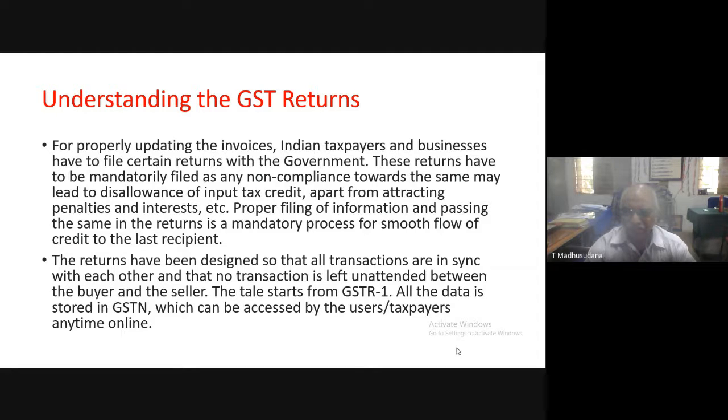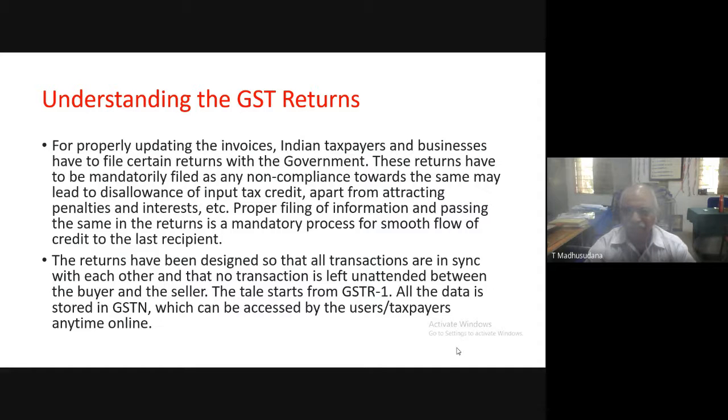The trail starts from GSTR1. All the data is stored in GSTN, which can be accessed by the users, taxpayers, anytime online.